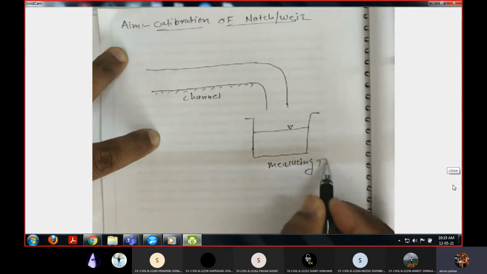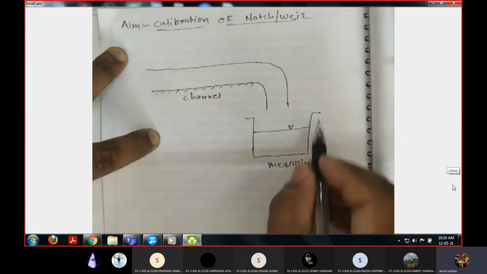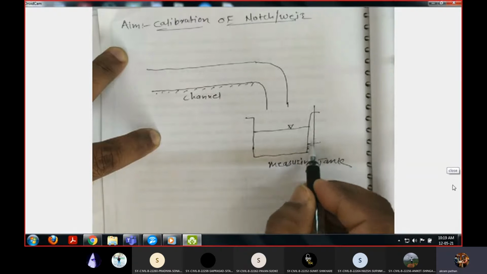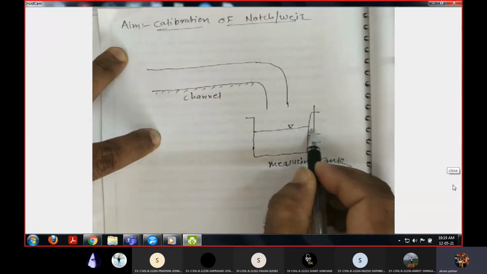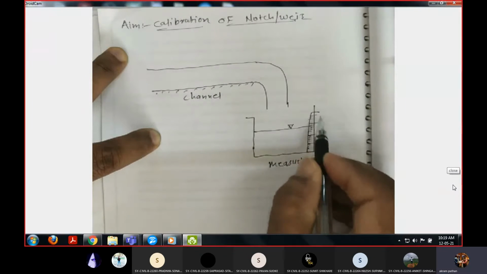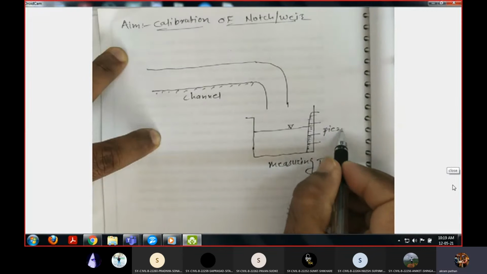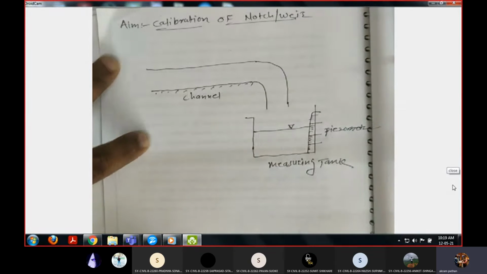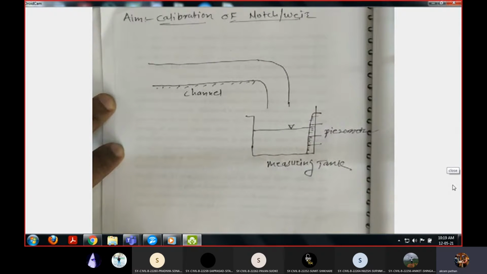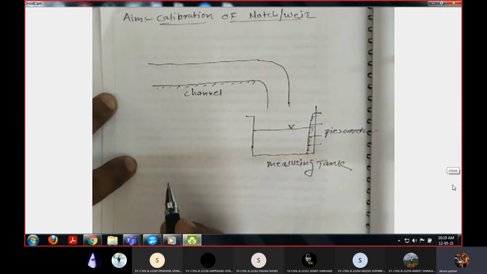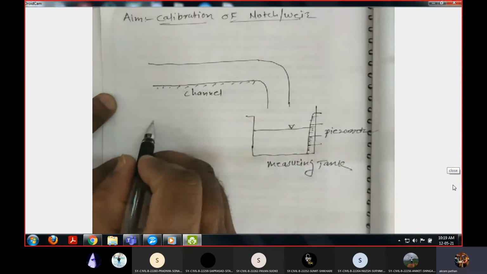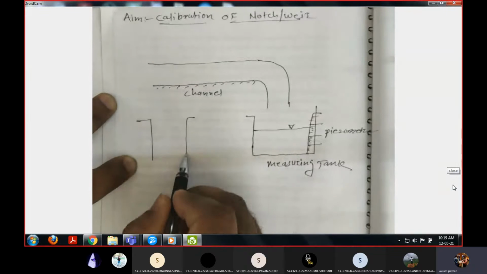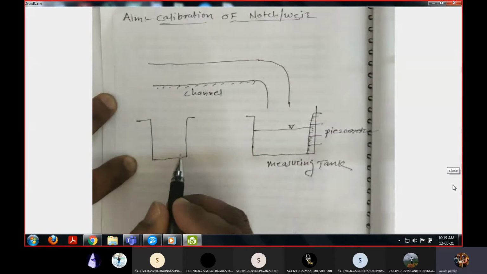And on one side of the measuring tank we have a piezometer to measure the rise of water level in the measuring tank. Now, for example, the channel is rectangular. So this is the rectangular channel.